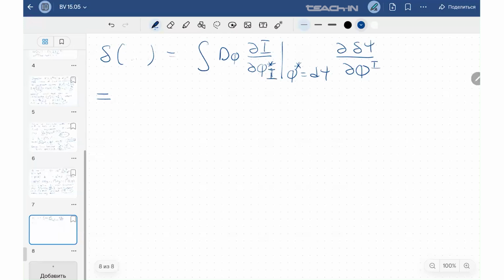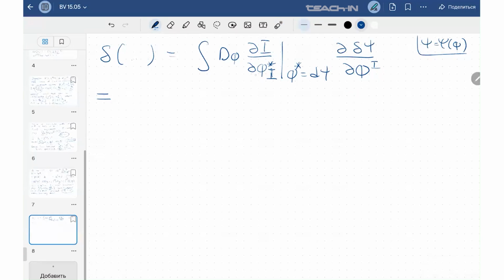Yeah, like this. And psi is a function, let me remind you, of phi only, it doesn't depend on phi star. So this is our variation. Then we do integration by parts. So we move this derivative to here, assuming that boundary terms vanish.